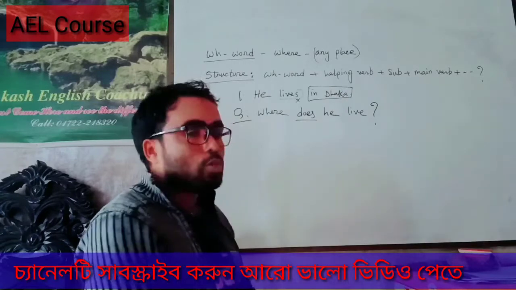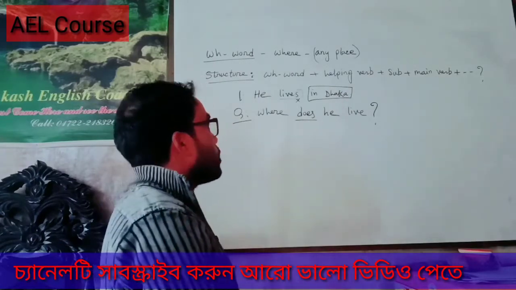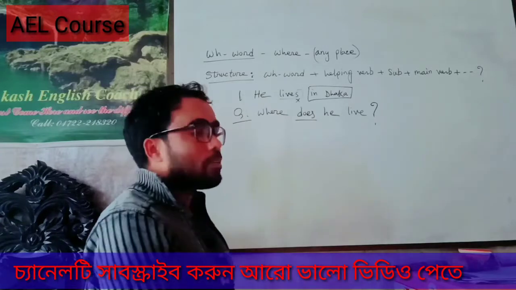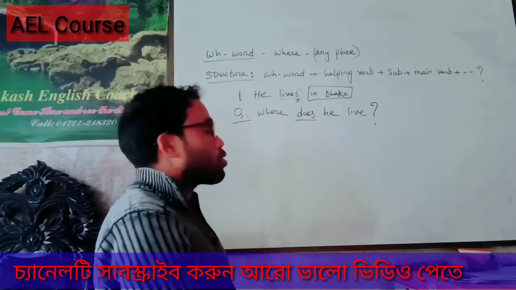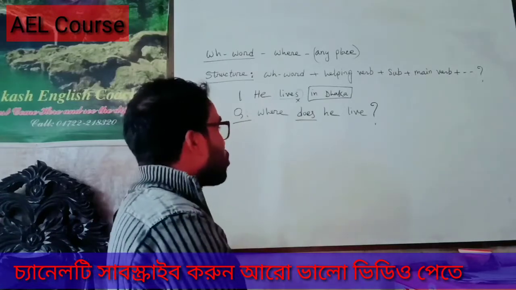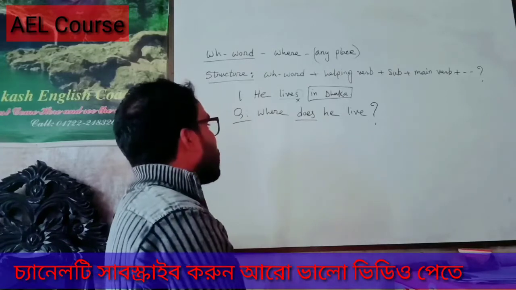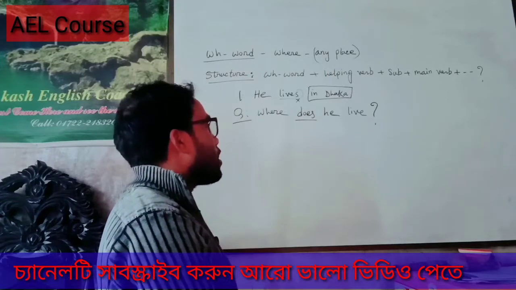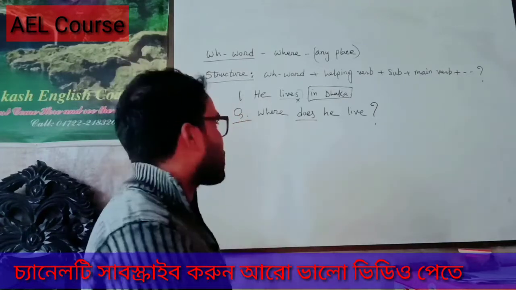If you find does after the WH word in the question, you should use s or es with the verb in the answer. If you find do after the WH word, you should use the base form of the verb after the subject in the answer. If you find did in the question, you should use the past form of the main verb after the subject in the answer.